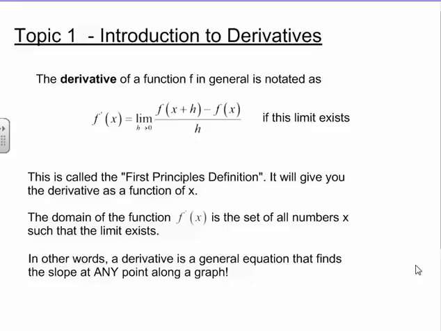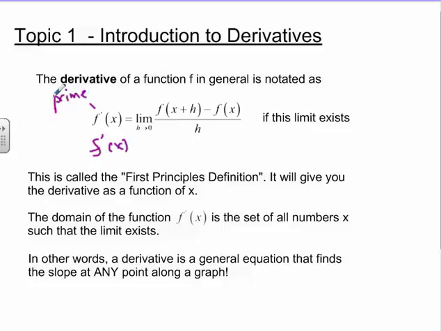So, we've actually used this notation before in the previous section on limits. This is the definition of a derivative. The derivative can be written, and this is the notation we use, as f with a little dash up in the corner, x. This little dash is known as prime.